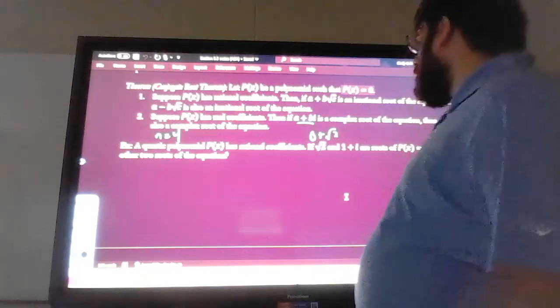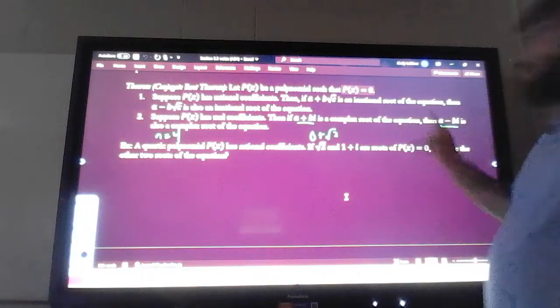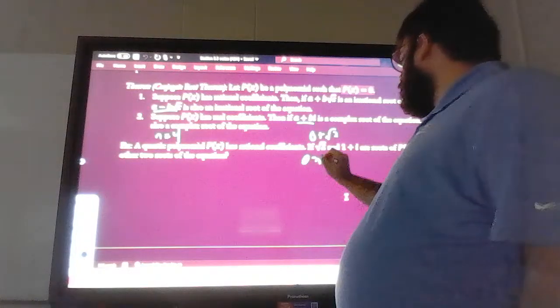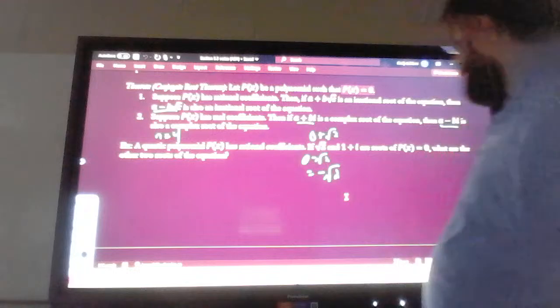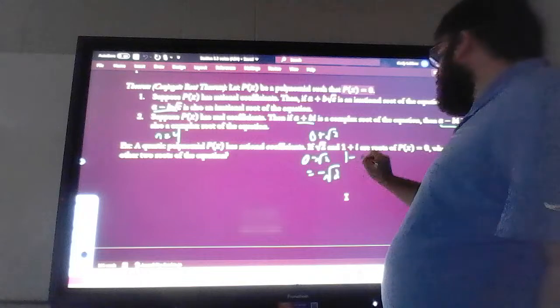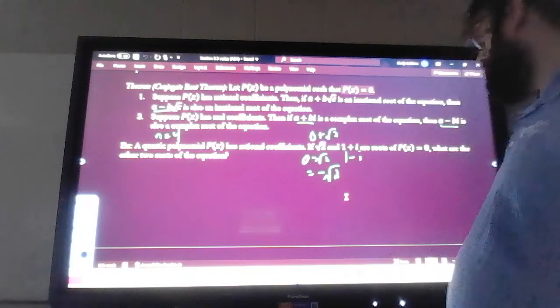And of course, you have 1 plus i, right? If that is a root, then based off of this theorem, this is also a root: 0 minus the square root of 2, or negative square root of 2. Okay? And if 1 plus i is a solution to that equation, then its conjugate, 1 minus i, is also a solution to that equation.